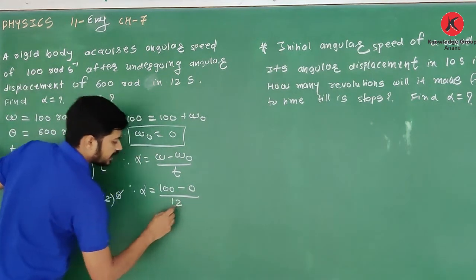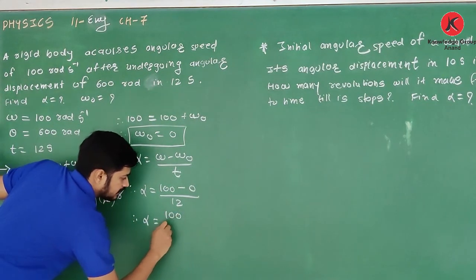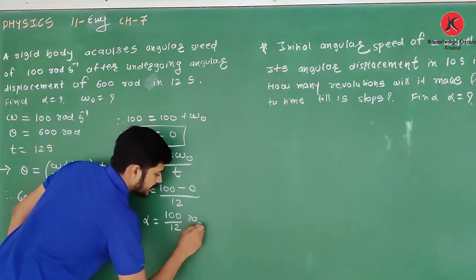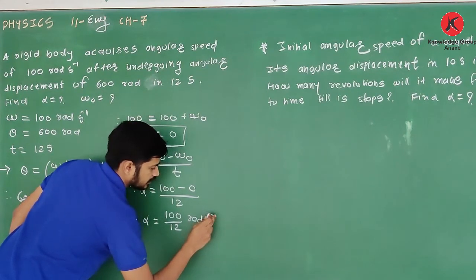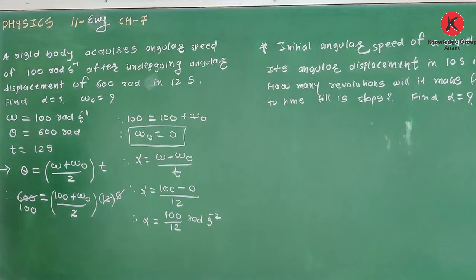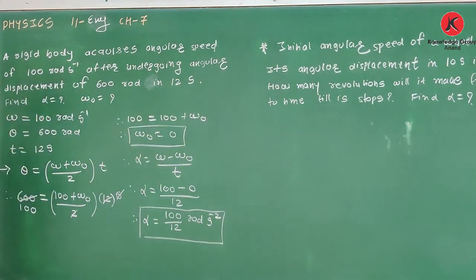So alpha is equal to 100 divided by 12 radian per second square. This is the value of alpha. Simple. So you have to understand which data is given and which equation you have to use.